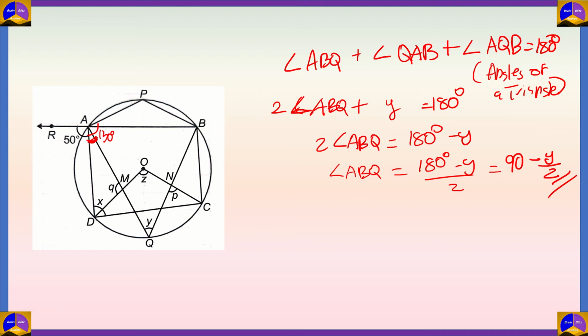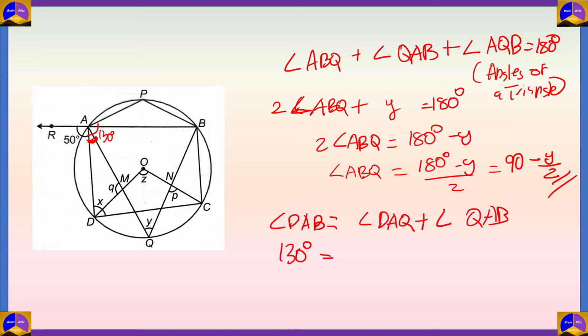So this whole angle DAB, which is 130 degrees, consists of angle DAQ plus angle QAB. Now if you replace the values, DAB is 130 degrees, DAQ is the thing we have to find out, and QAB is the same as ABQ, which is 90 minus y by 2.